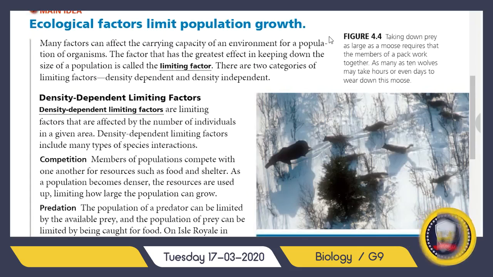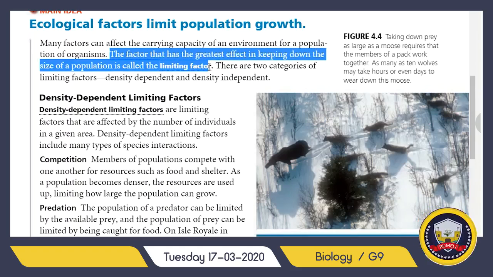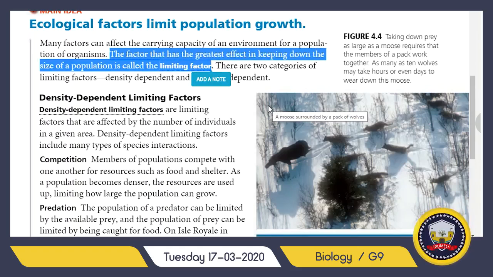Why? Because you are not eating, you do not like rice. So you get thinner and thinner until you reach a dangerous level. Okay? Health will decline. Now, in this scenario, the rice is actually the limiting factor. So, the factor that has the greatest effect in keeping down the size of a population is the limiting factor.